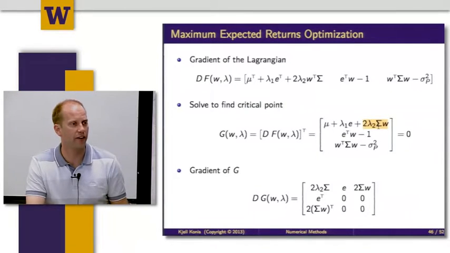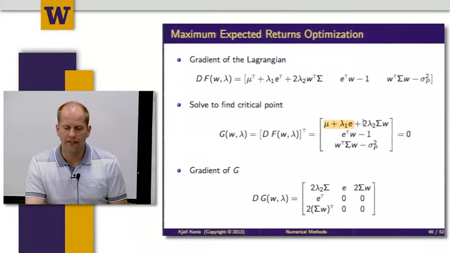So it has n rows and one column. So when I take the derivative of that, I'm going to end up getting a matrix. So this quantity here is 2 times lambda 2 times sigma. So this has the same dimension as the matrix sigma. So this upper left block is an n by n matrix.